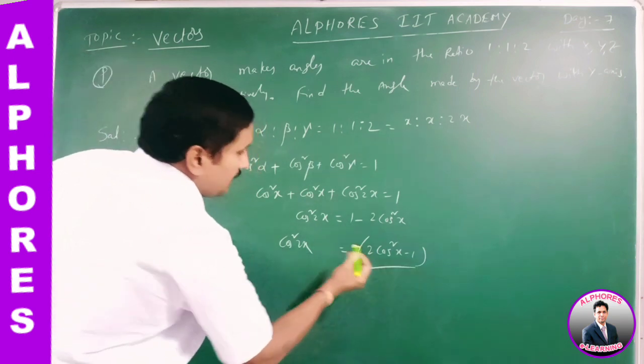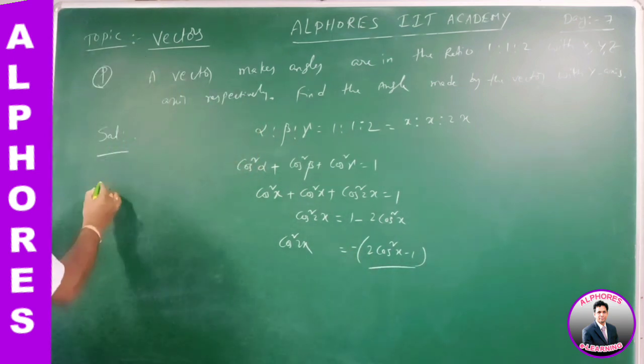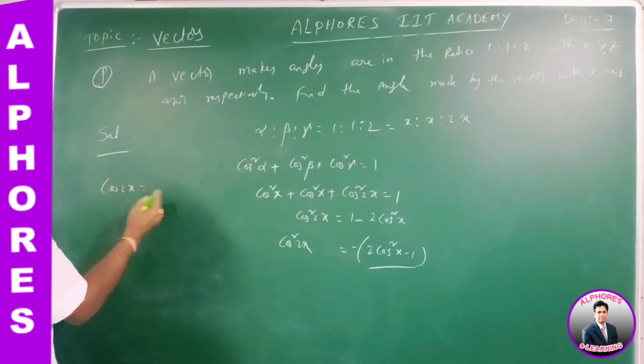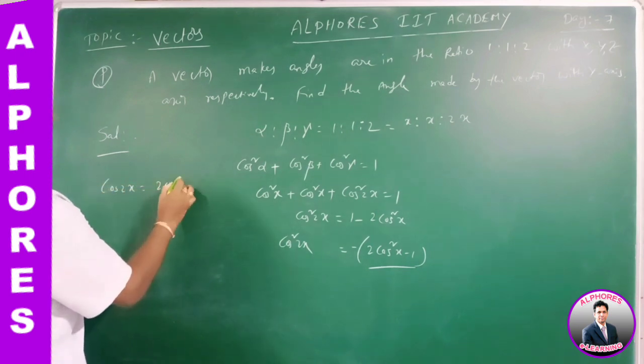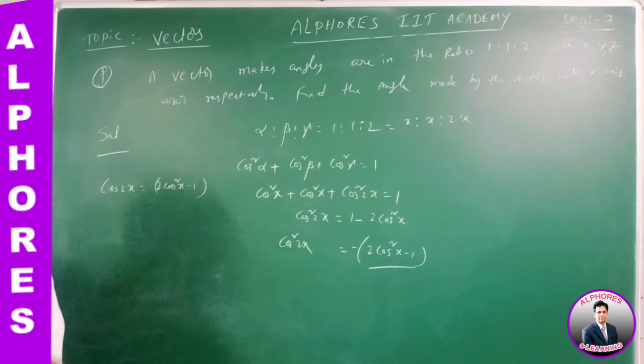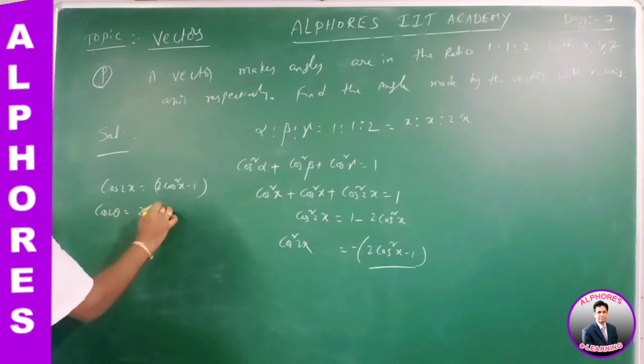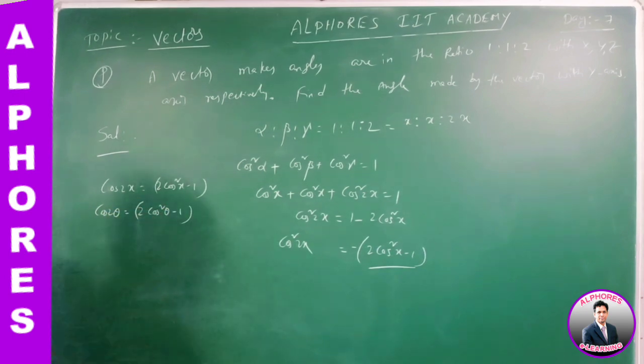Now the formula for cos 2 theta is equal to 2 cos square theta minus 1, the generalized formula.